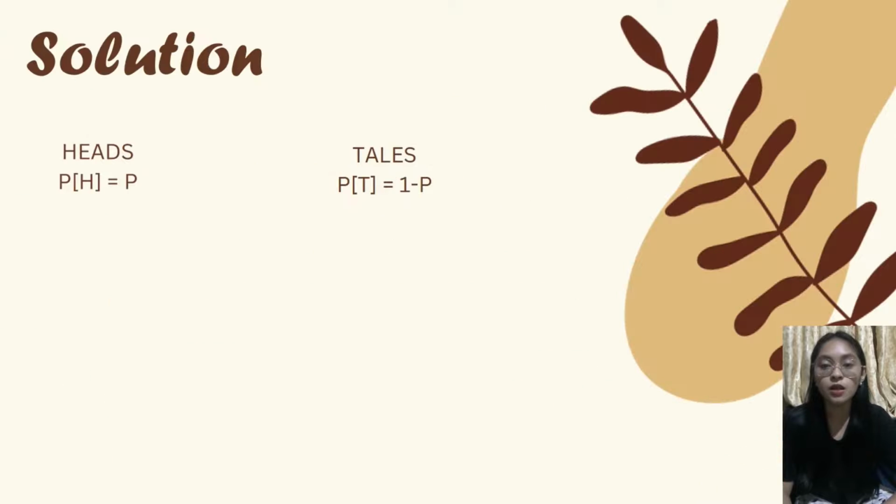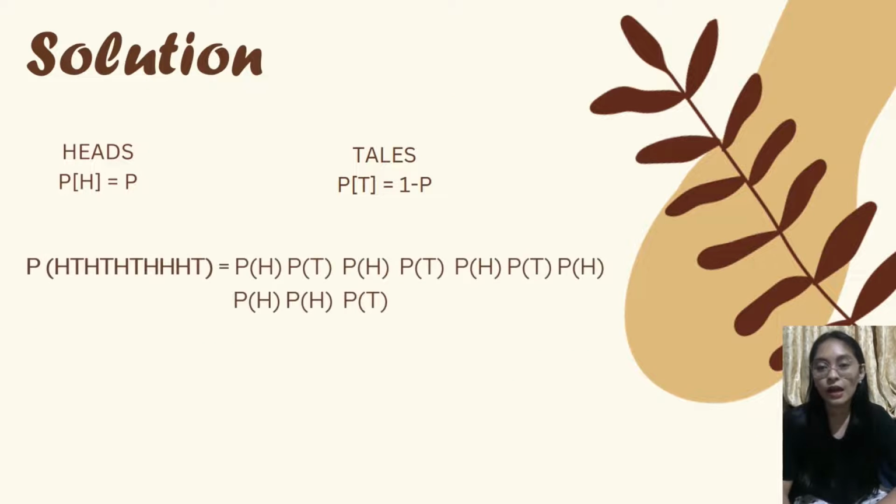So we need to find the probability of getting this sequence, and this can be obtained as the probability of getting heads on the first flip times the probability of getting tails on the second flip, heads on the third, tails on the fourth, heads on the fifth, tails on the sixth, then heads on the seventh, eighth, ninth, and finally tails on the 10th flip.